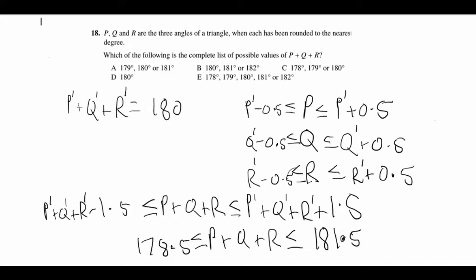And since P plus Q plus R is an integer value, because P, Q and R have all been rounded to the nearest integer, the possible values of P plus Q plus R are in fact 179, 180, and 181, and this corresponds to A.